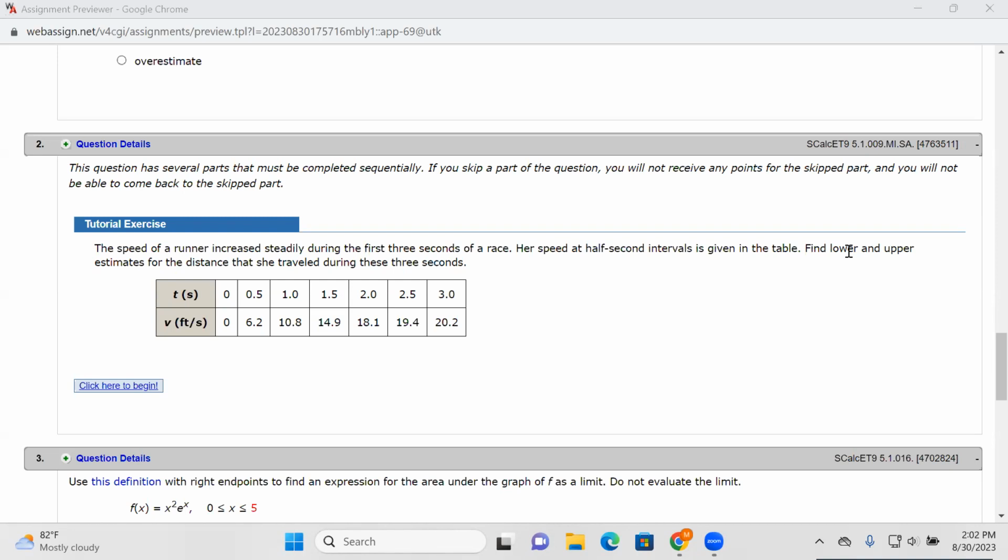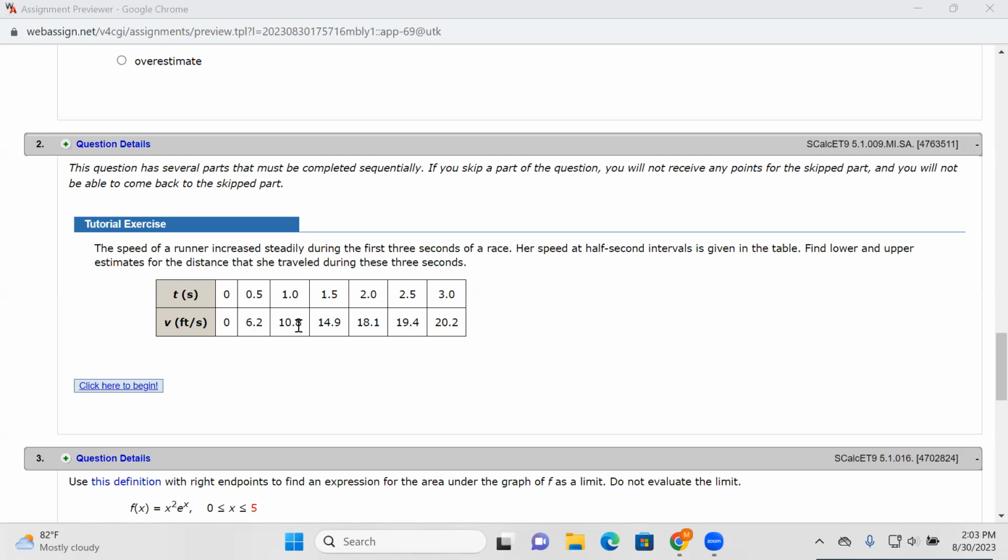The lower estimate should necessarily underestimate the area under the function's graph, whereas the upper estimate should necessarily overestimate the area under the function's graph. So to do a lower estimate, based upon this data, because the velocities here are increasing as we go to the right, a left sum would give us our lower estimate, because the left function value from any pair of adjacent function values is going to give us the lower of the two.